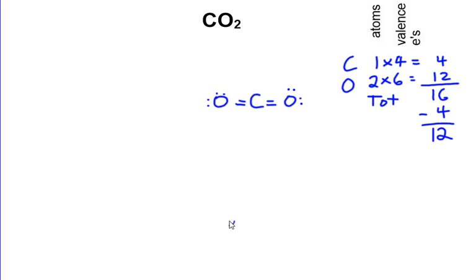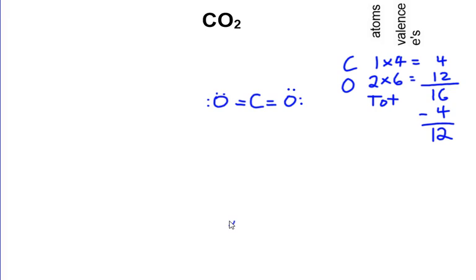Let me show you what unshared pairs does. This is the same situation. I have a water molecule, and above the oxygen in the water molecule, we have 2 unshared pairs above it. And for that reason, this guy is bent. Okay? He is bent.